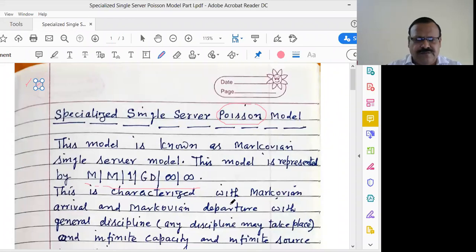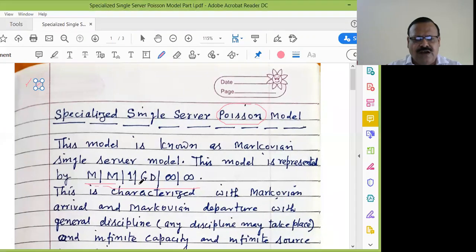So look here: M/M/1/GD/infinity. GD is the general discipline, and the specialized parts are these: arrival is Markovian, service is Markovian, and the number of servers is one.